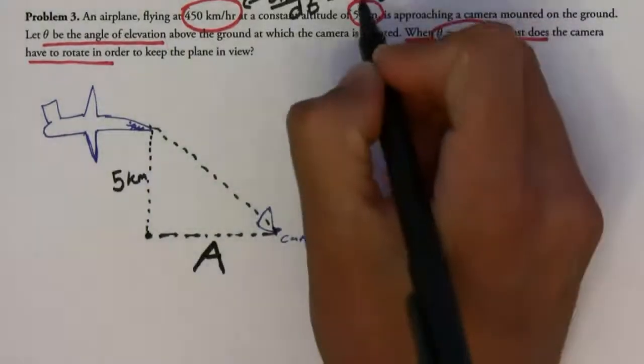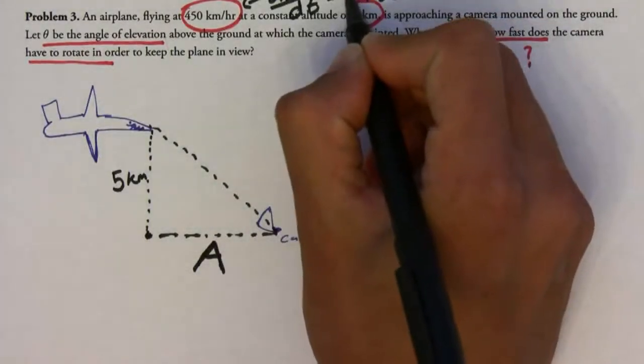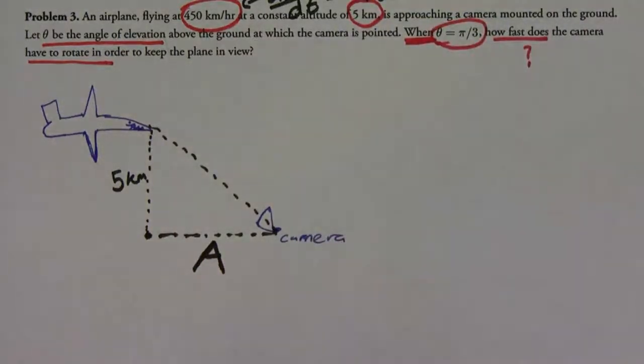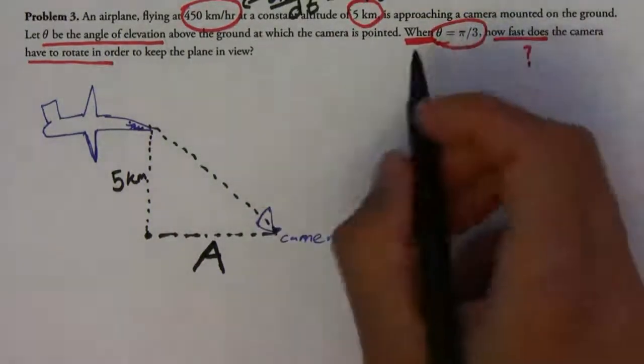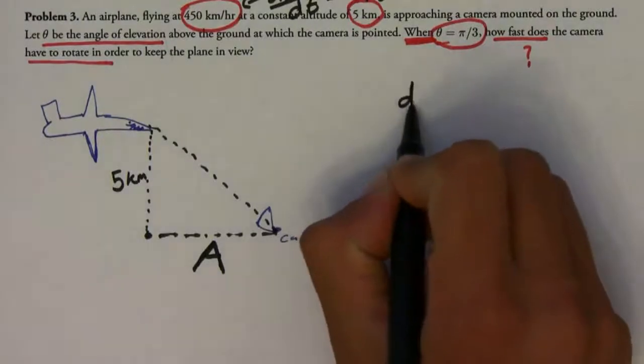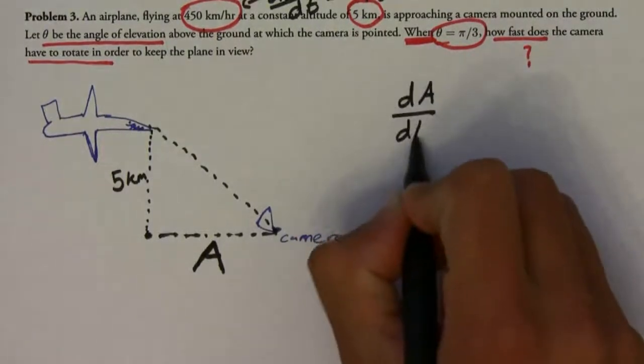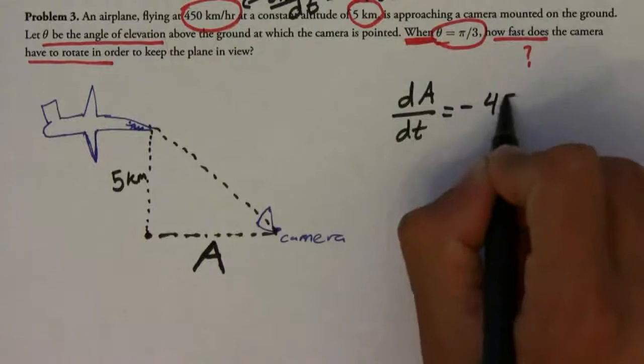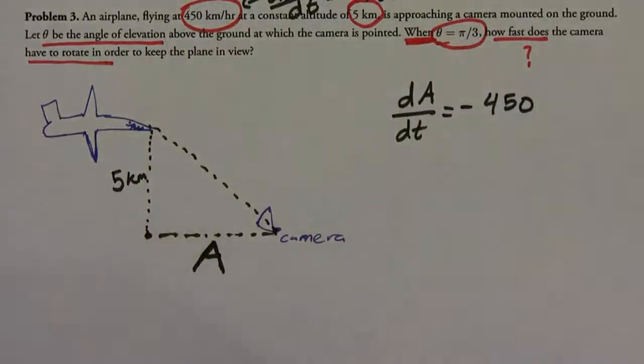And if A is getting smaller, that means the derivative is going to have to be negative. And that's really important right there. Okay, so let's put that down. dA over dt is going to equal negative 450.